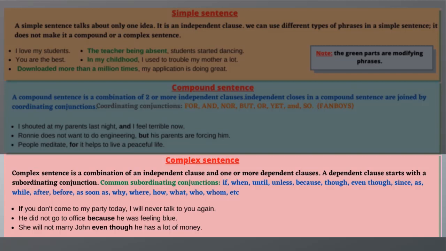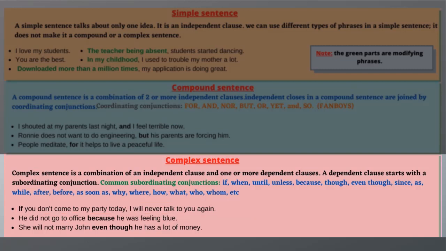Conjunctions like if, until, unless, when, because, since, as, and all the conjunctions that you see on your screen, right? So a complex sentence has one independent clause and one dependent clause. If it starts with an independent clause, we don't use a comma. But if a complex sentence starts with a dependent clause followed by an independent clause, we use a comma. So that's something we need to know.